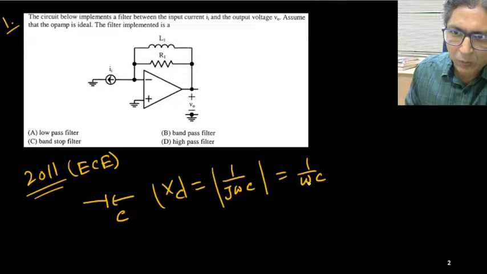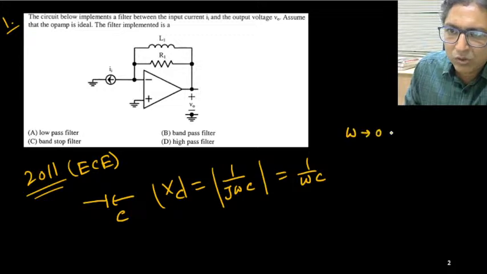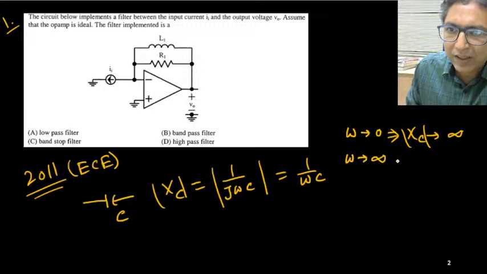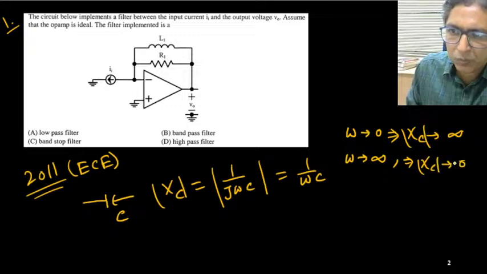And when omega is close to 0, Xc is becoming infinite. So you can note that when omega tends to 0, mod Xc will move towards infinity, and when omega tends to infinity, mod Xc is moving towards 0.